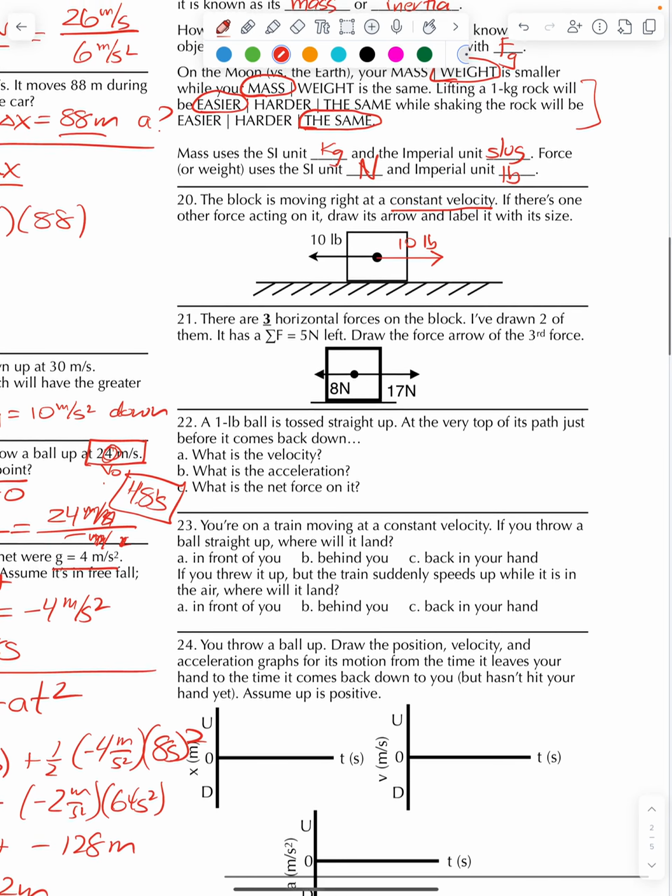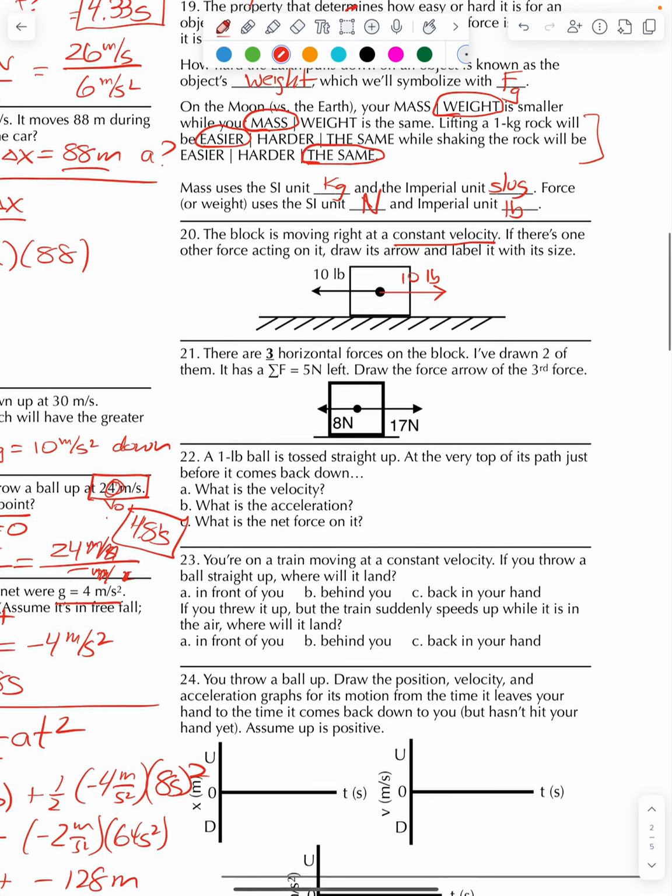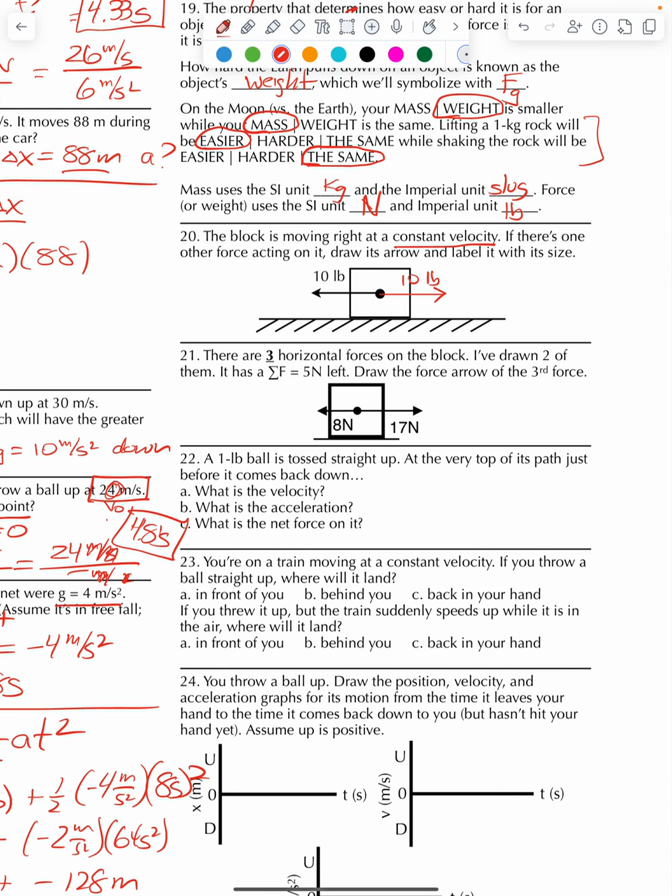Now, I don't know if I asked this later, and I'm not sure if this is on the final, probably not, but I'll go ahead and ask it. If I drew that object there with the 10 pounds to the right, and I said, true or false, this object is not moving, you'd say false, because it could be moving, right?